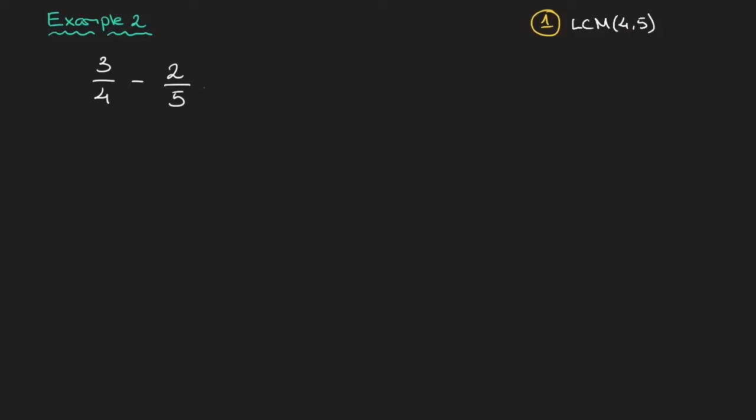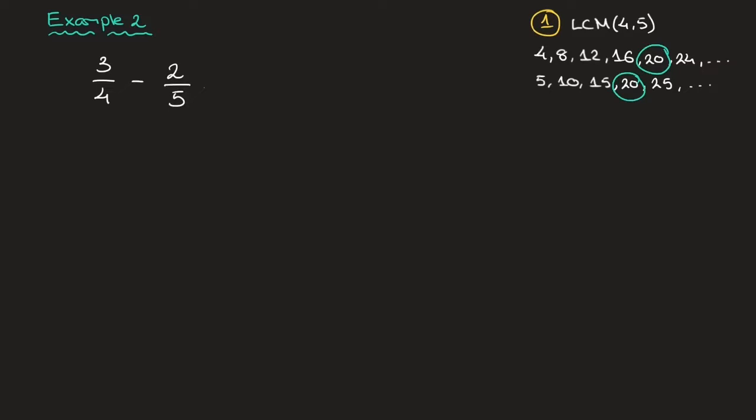Now, the first few multiples of 4 are 4, 8, 12, 16, 20, 24, and so on. And the first few multiples of 5 are 5, 10, 15, 20, 25, and so on. And looking at these two rows, it doesn't take us long to see that the smallest number they both have in common is 20.